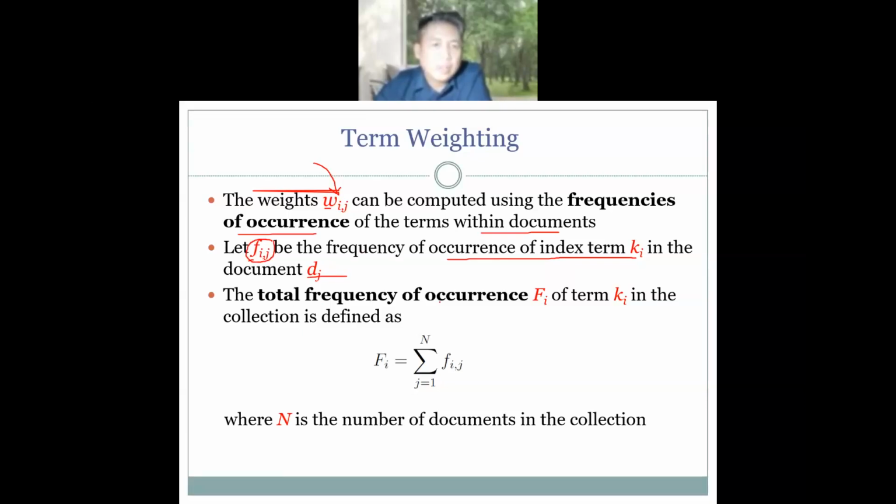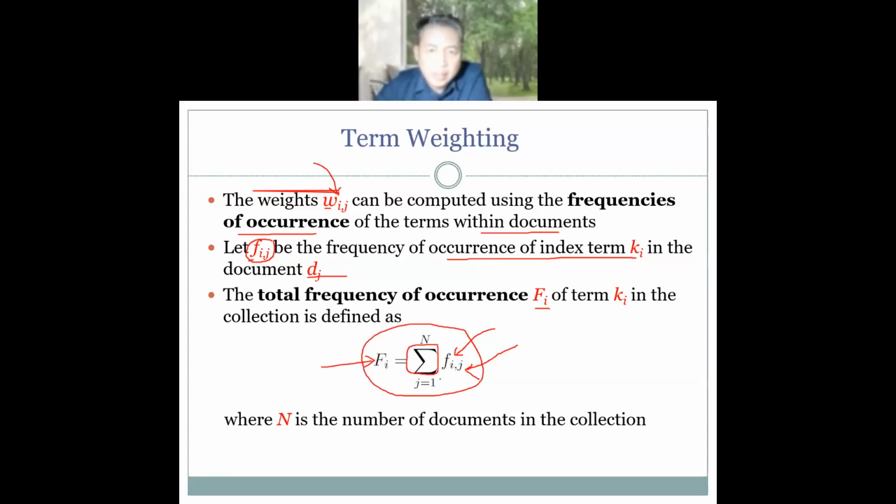The total frequency of occurrence, capital Fi, of term Ki in the collection is defined as this. It refers to how many times keyword I exists in all of the documents, the total number of occurrences of keyword I in all of the documents.